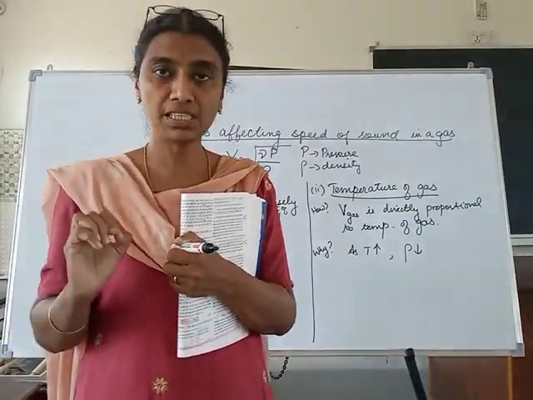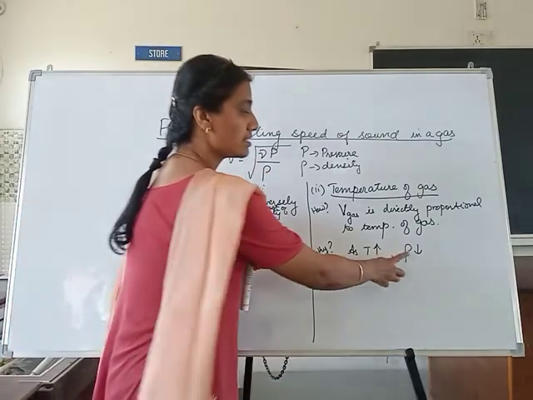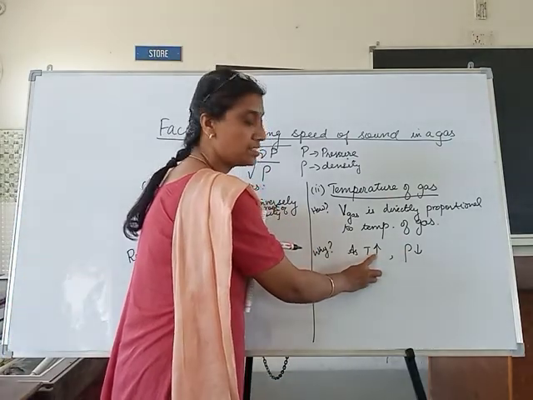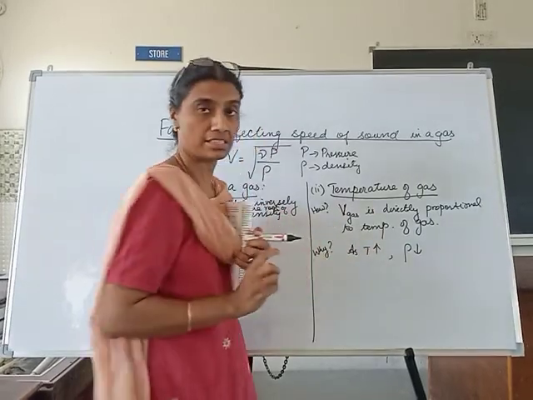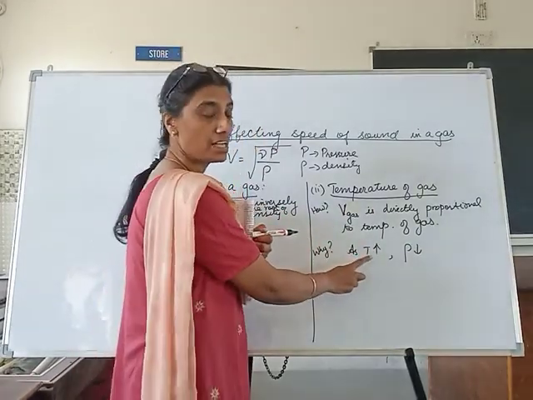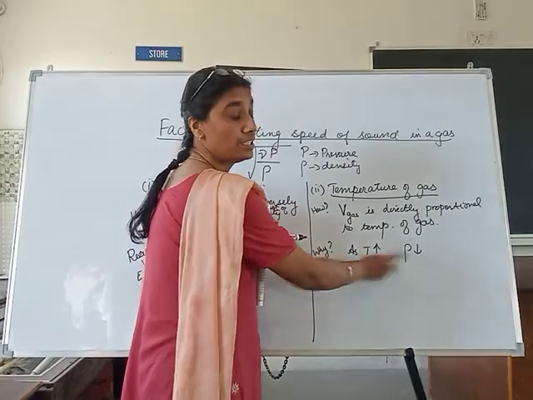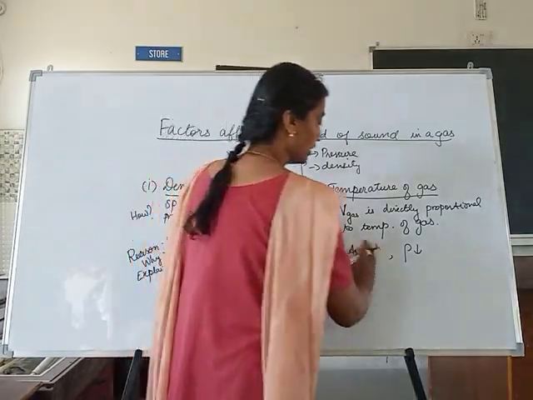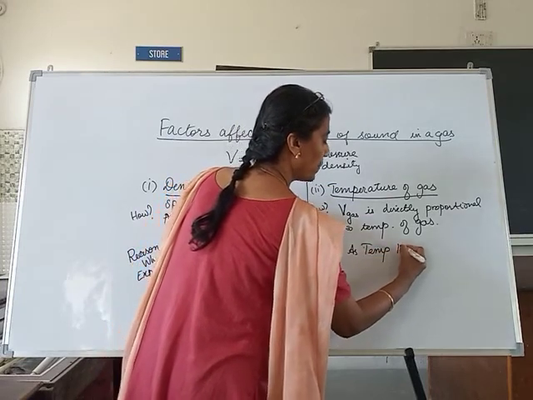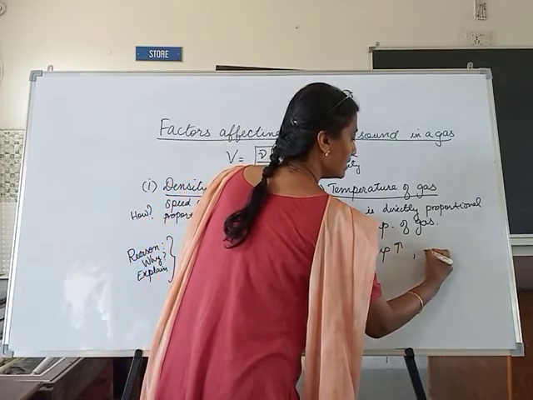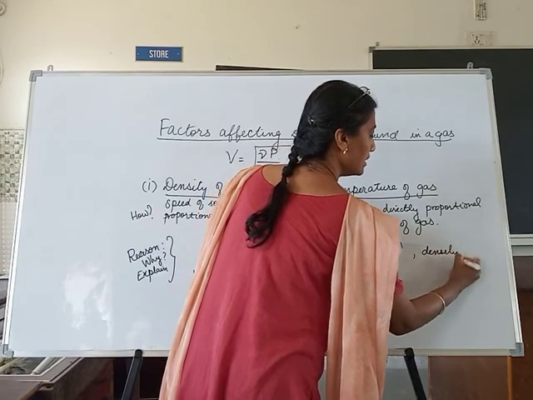They'll move away from each other. That means their density will decrease. If I put an upward sign, it means increases; if I put a downward sign, it means decreases. So first thing is, as temperature increases, density decreases. I'll write it in words: as temperature increases, density decreases.